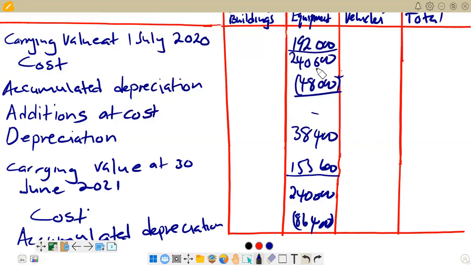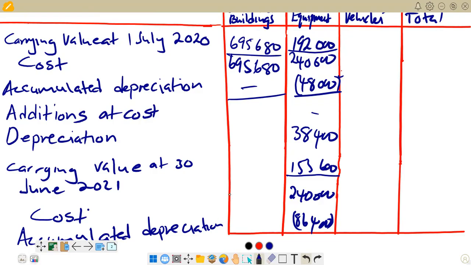So here now for land and buildings cost, we are given it as 695,680. That's the cost. Depreciation, we don't have anything. So this one also is going to be our carrying value, 695,680.